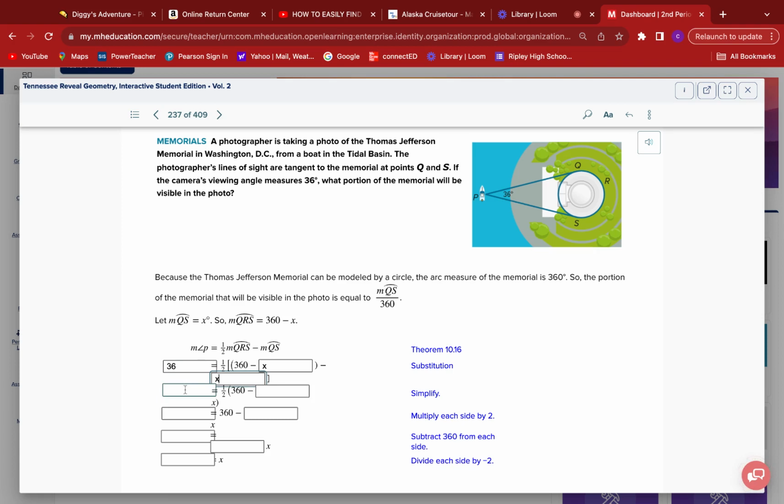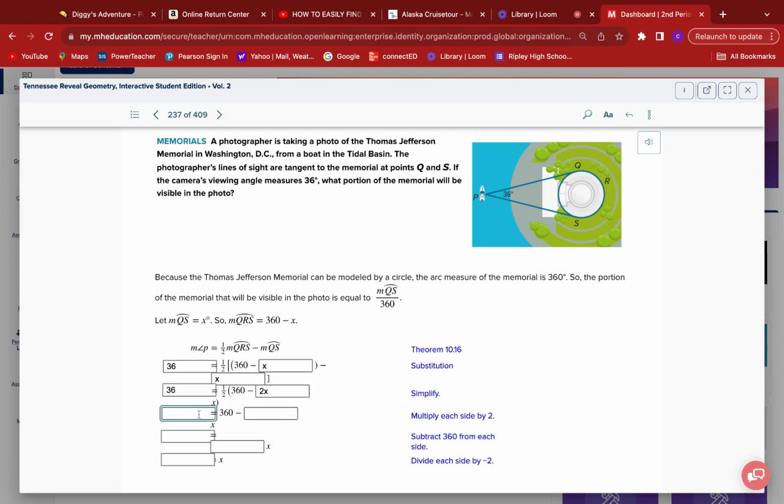Let's see, what do they do next? Looks like they combine like terms. So 36 degrees equals 1/2 of 360 minus, and X and X is 2X. So it's 360 minus 2X.